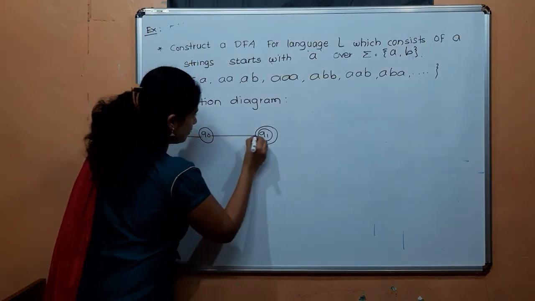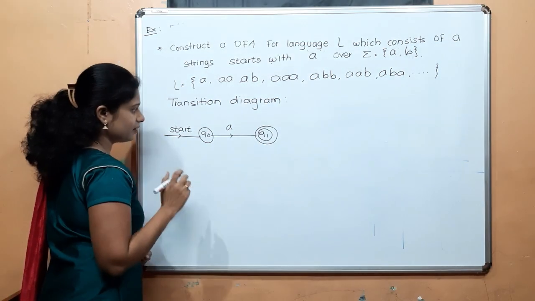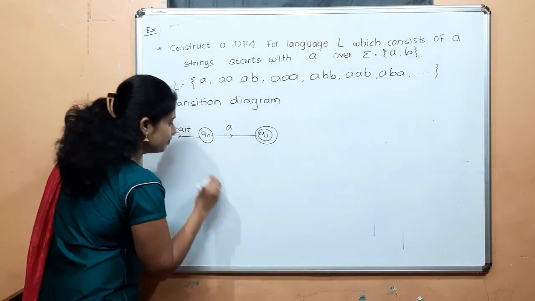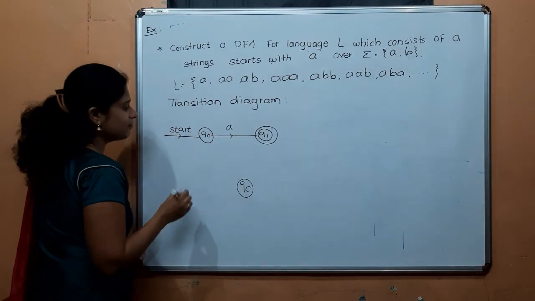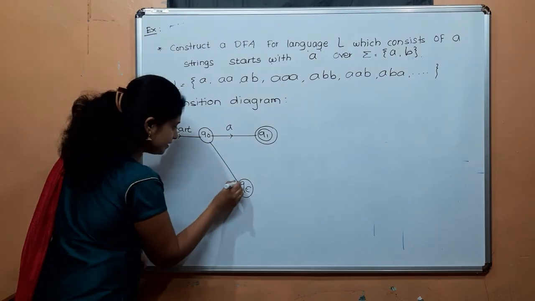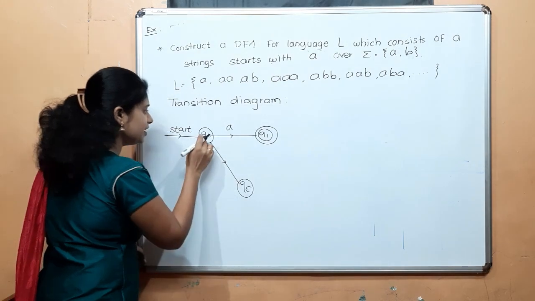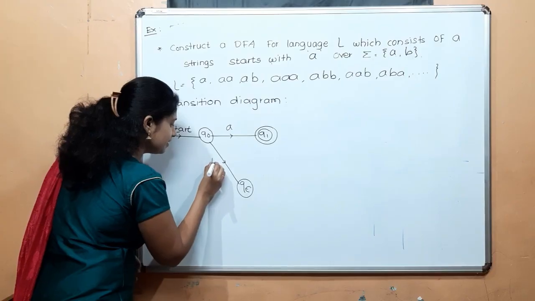Now see here, the condition is that the string starts with A. Okay, the string starts with A. If the string starts with B, that is invalid. So here we can add one more state, that is the dead state. It can accept the invalid input alphabet. If the string starts with B, then the condition is invalid.